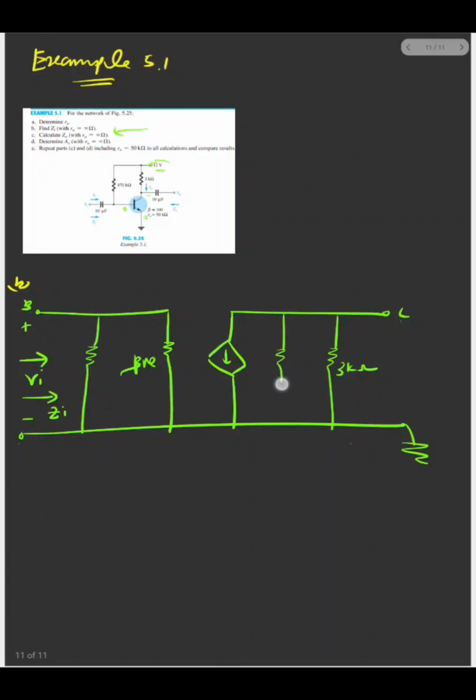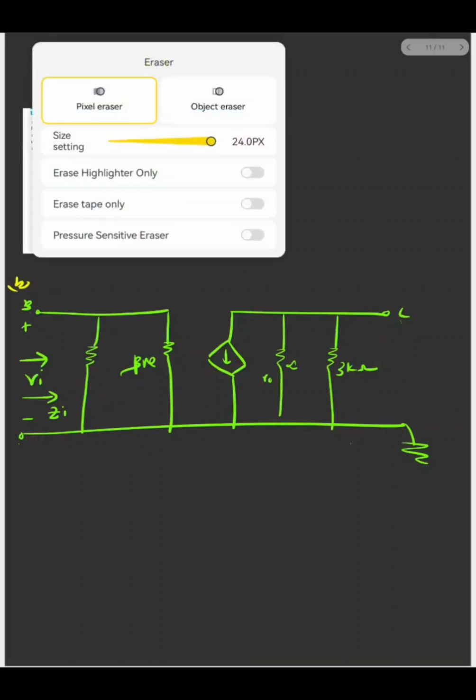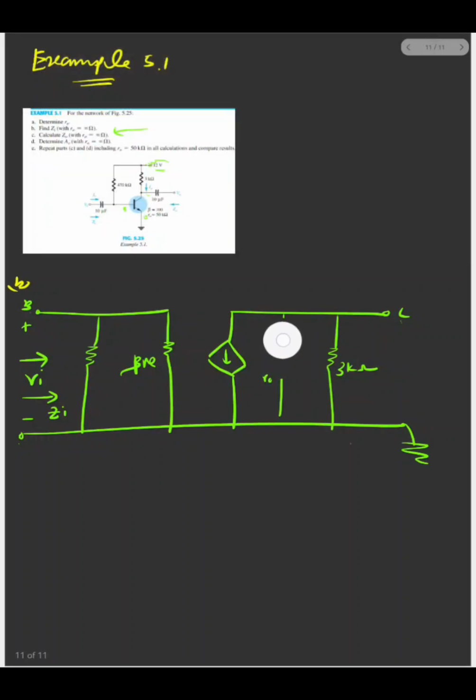So if we draw RO, it's infinity, so we don't need to consider that RO, and we can delete it. We only consider the 3 kilo ohm resistor for the output side. So this is plus minus V out, and this is Z output.